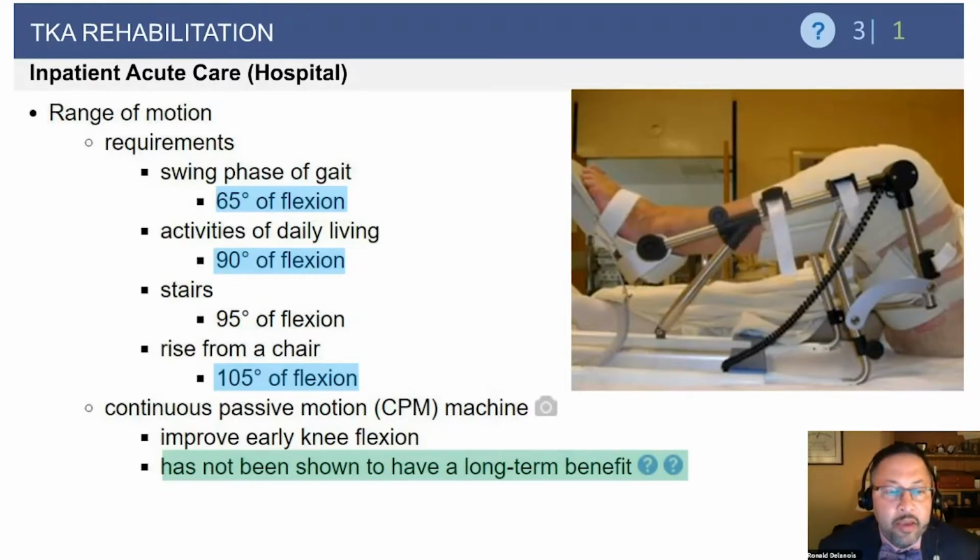Stair climbing, for the average 8-inch step, requires 95 degrees of flexion, and rising from a standard chair of average height is 105 degrees, but can be greater with a taller individual. The use of CPMs has been shown to improve range of motion in the early postoperative period, but has not shown any increased benefit in the long-term effects.